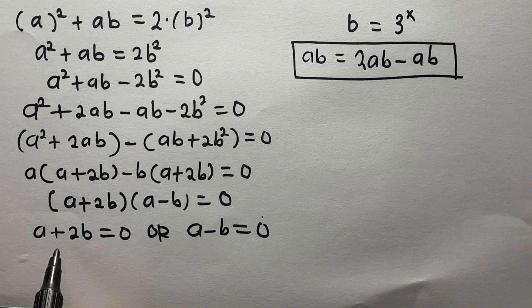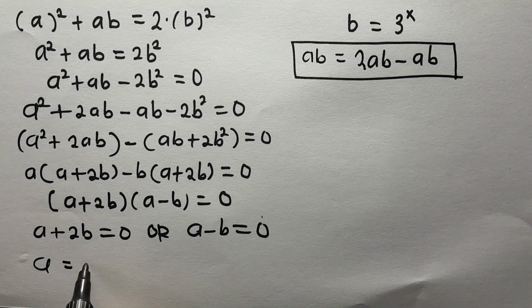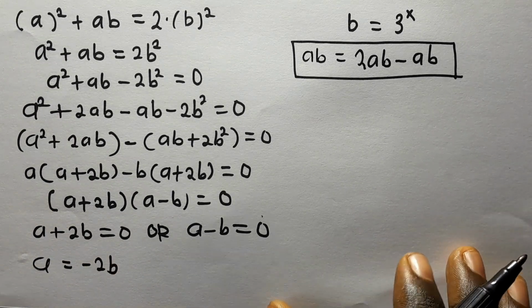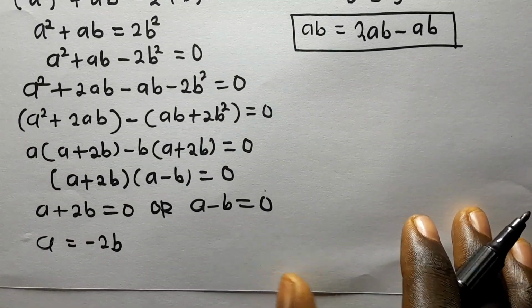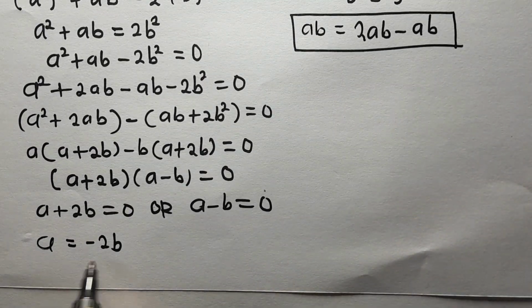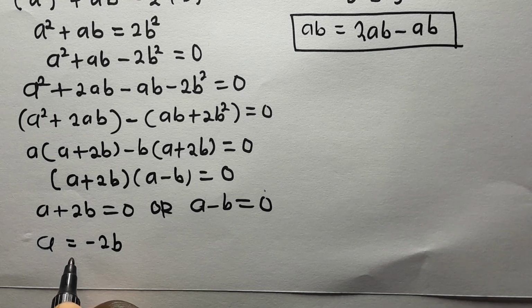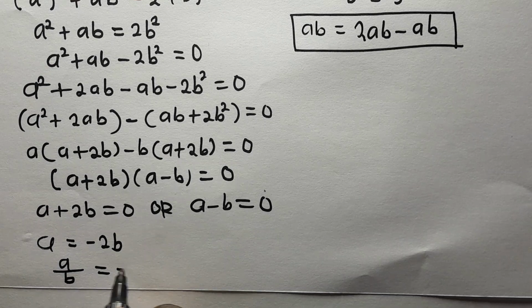So from here, a will be equal to minus 2b, which implies that when we divide both sides by b, we have a divided by b equals minus 2.